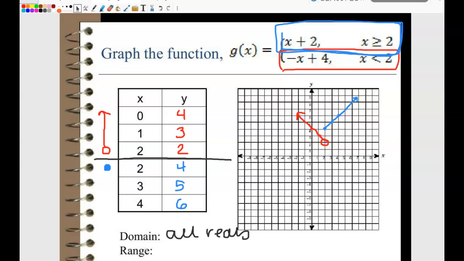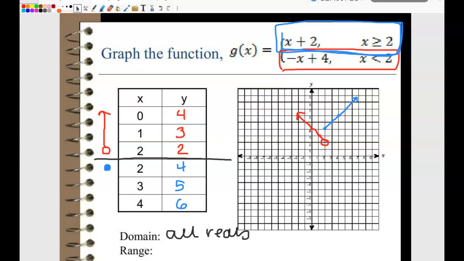Okay, the range. Are there y values that are negative? Are the y values going to have answers if they are positive? No. What's the lowest y value on that graph? Excellent.